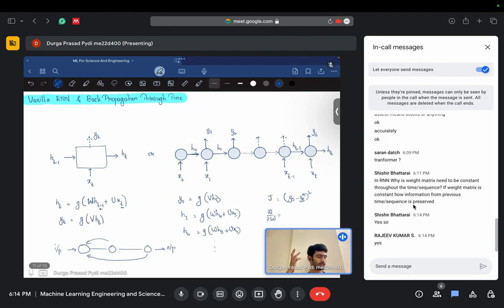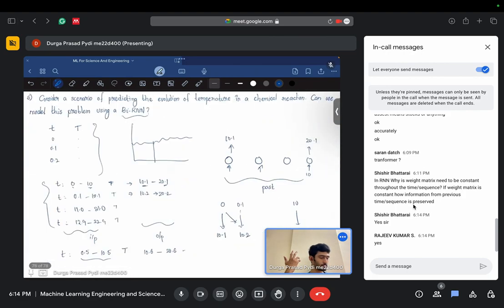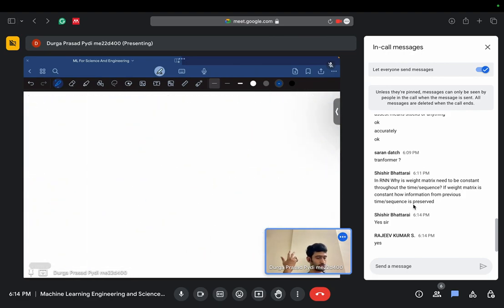To put it simply, I can give you a simple example. If you are familiar with the Euler form, if you have a simple differential equation dy/dt equal to some f of t, then yt plus 1 is essentially yt plus f of t times delta t. So this is the functional form here.